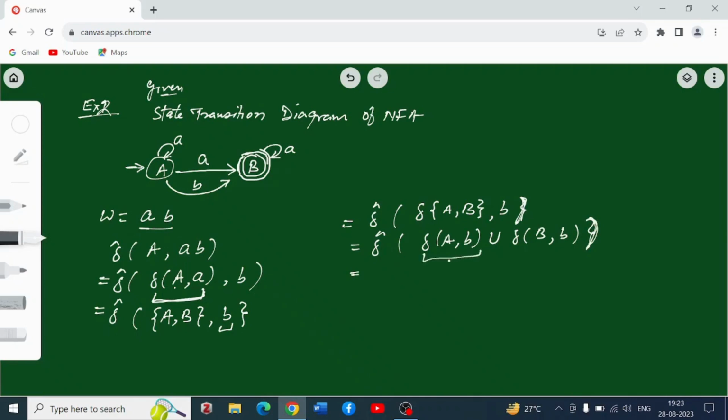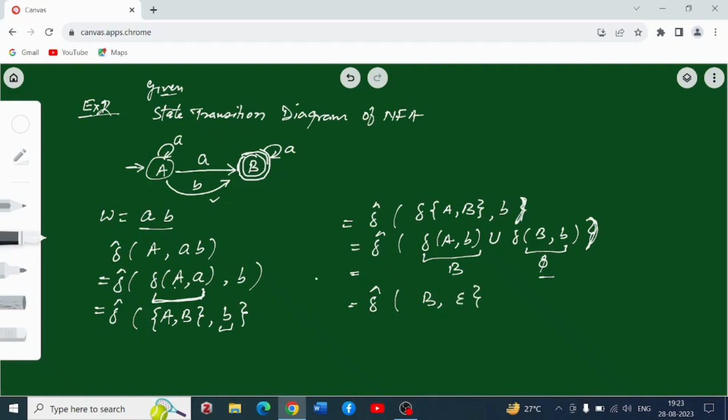A on small b is going to the state B, whereas the state B on input b is not defined, going nowhere. Therefore, we will have phi here. The outcome of this transition is B, and the union with phi is B itself, and the remaining input is epsilon.